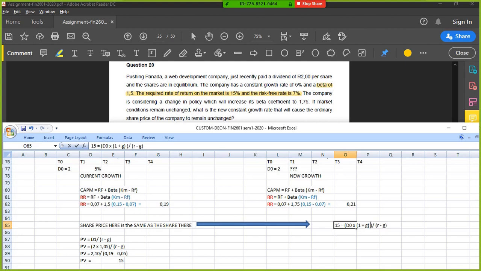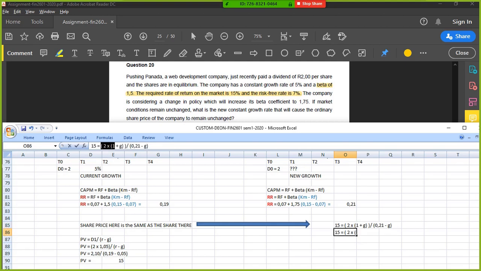More maths in this question. What is the R here? The R will be 0.21. Perfect. G we don't know. Now we've got an equation. We know what div 0 is. Div 0 is 2 rand. Now we can solve by doing a little bit of mathematics.